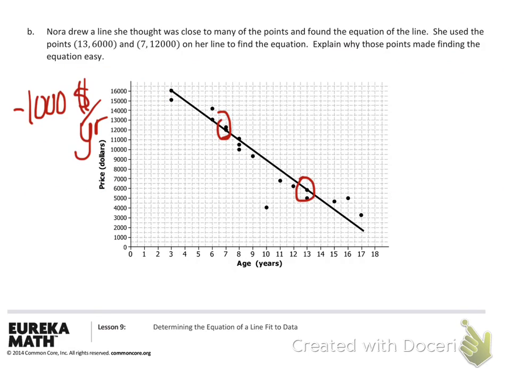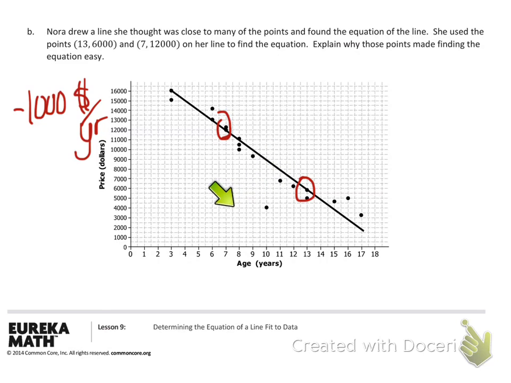So let's look back at the line in the graph. Which of these points seems furthest away? You can pause if you'd like to. Okay, so it appears to me that this point right here is farthest from the line. The rest of them are pretty close, but this 10-year-old car, its value looks like it is, where is it?